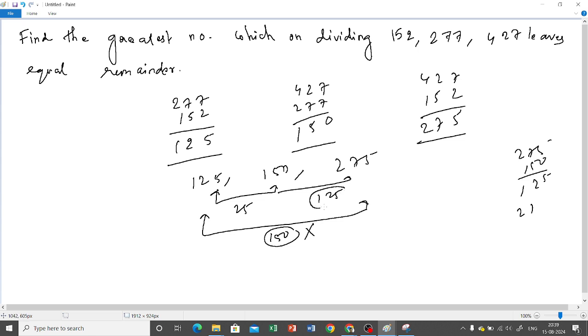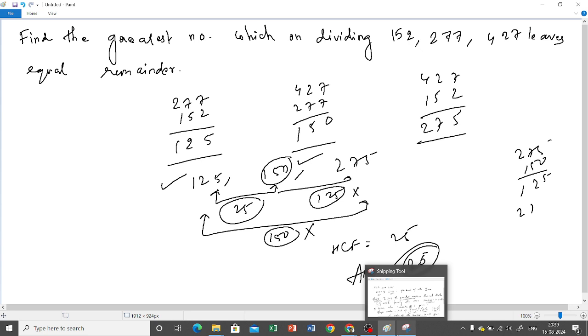If you take 125, 125 does not divide 150, that is not the HCF. If you take 25, 25 divides 125, 25 times 5 is 125, 25 times 6 is 150, and 25 times 11 is 275. So my HCF is 25. Is that clear?